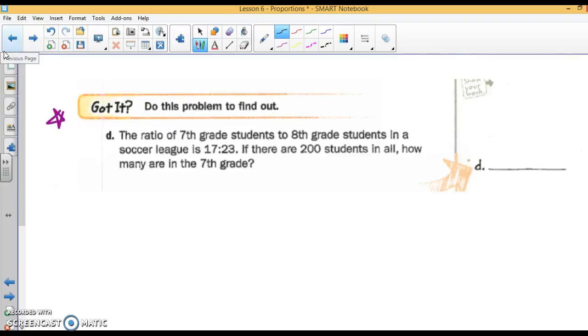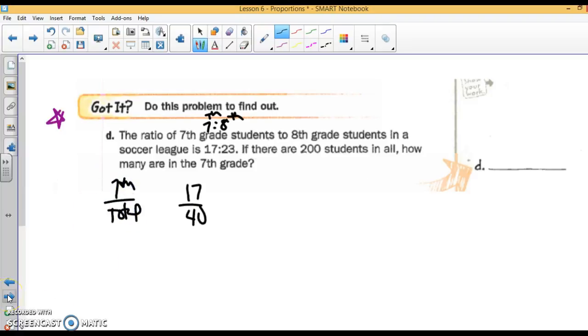All right. The ratio of 7th grade students to 8th grade students in a soccer league is 17 to 23. So this is 7th to 8th, and I'm writing that so I can keep that straight. If there are 200 students in all, how many are in 7th grade? Well, 17 on the team are 7th grade, and 23 are 8th. So 17 out of, what's the total here? 40. 17 out of 40 are 7th grade. That is 7th graders to total.